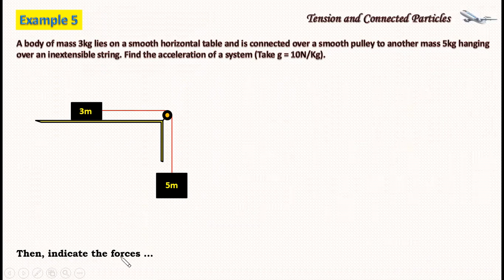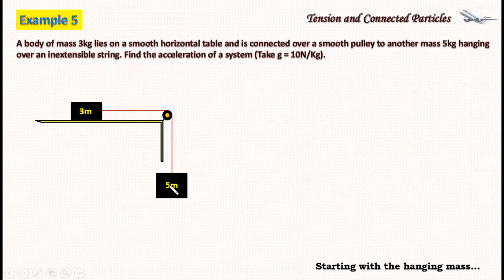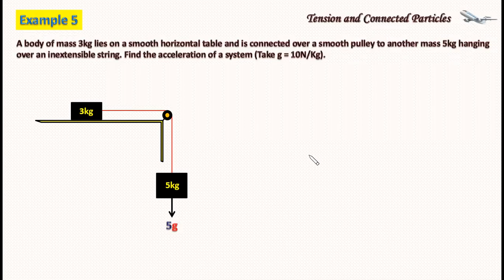So the next thing is to indicate the forces that are acting. Starting with the hanging mass, its weight is given by 5 kg times g, and then the tension in the string is T. Since this is the same string and it just passes over the smooth pulley, it means frictional forces are negligible.